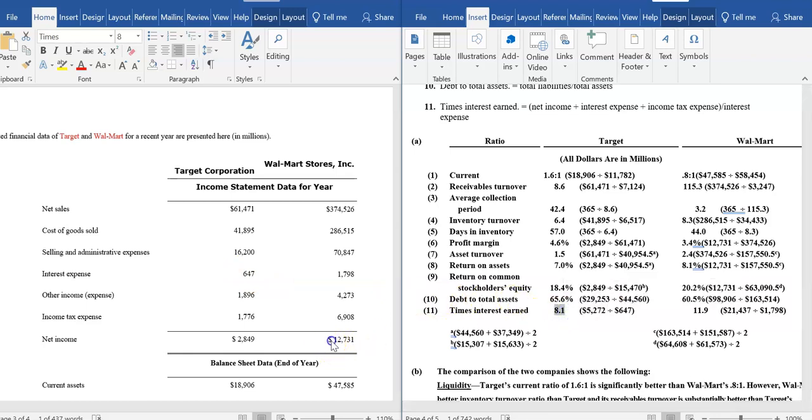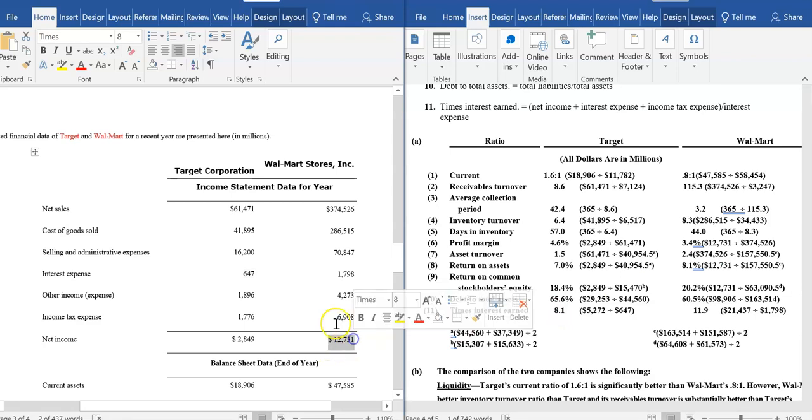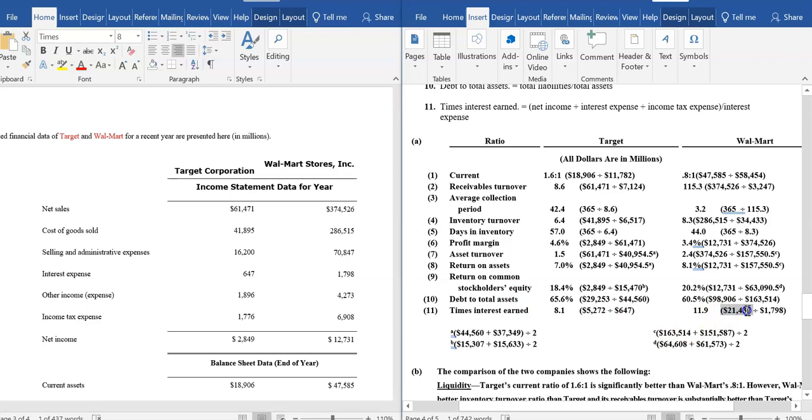Then we would do the same thing for Walmart, net income plus their income tax expense plus their interest expense to get 21,437, and then divide by the amount of their interest expense to calculate 11.9 times.